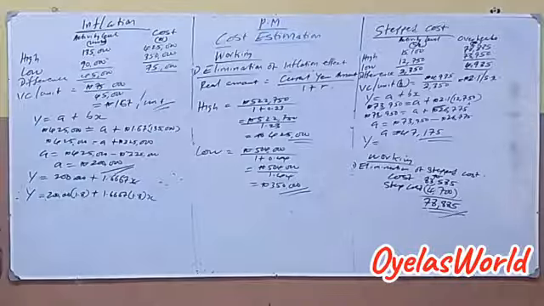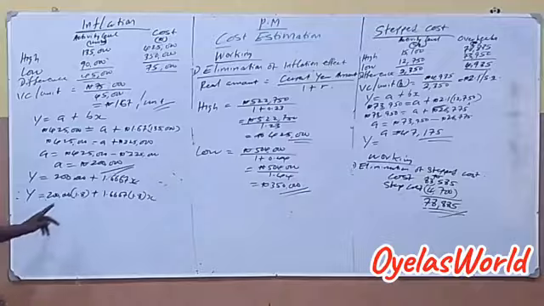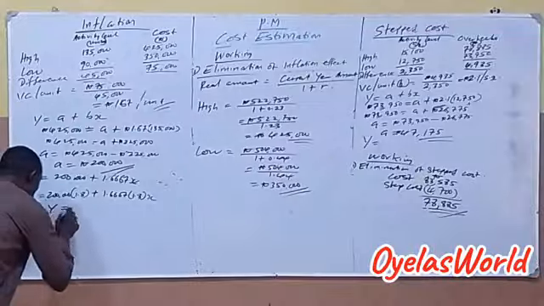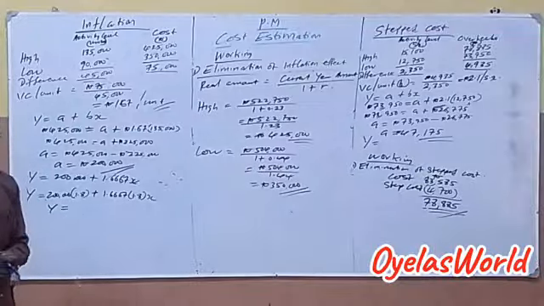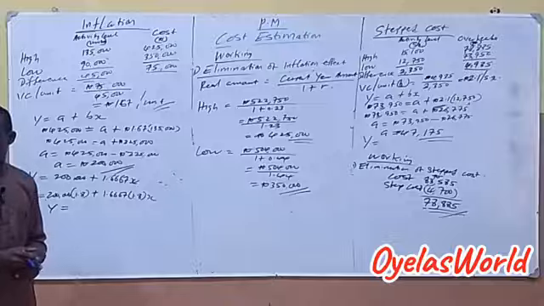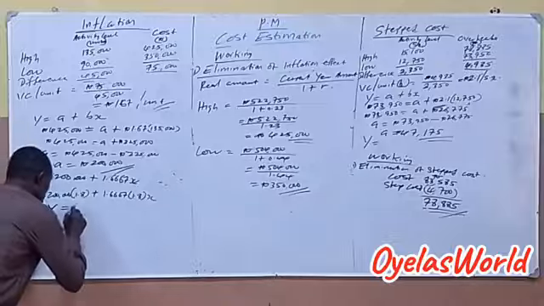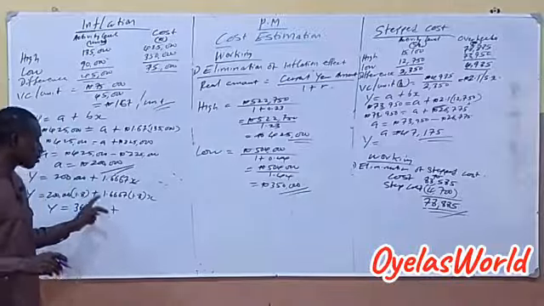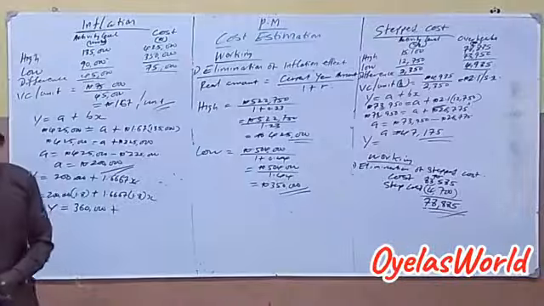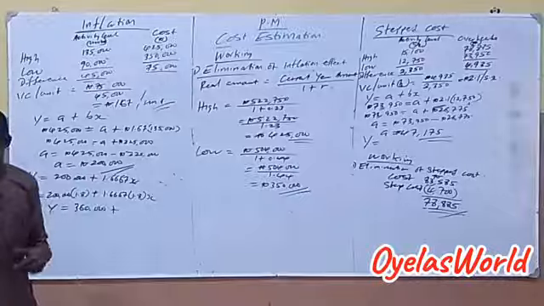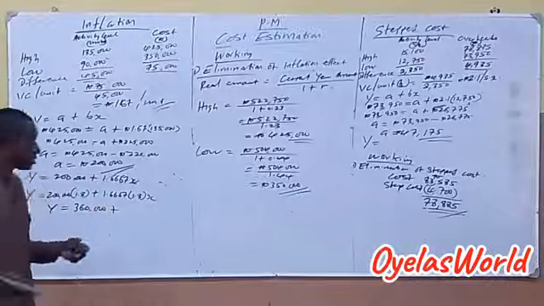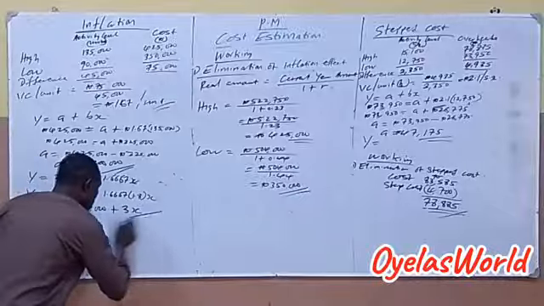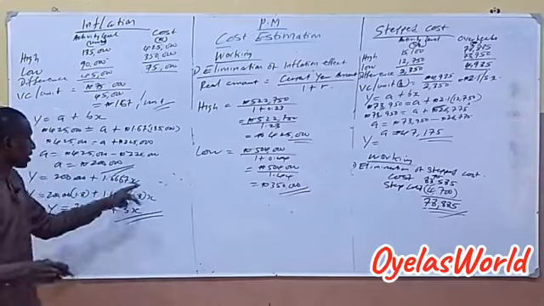Or you multiply 1.8 times 200,000. What do you have? Y equals 360,000 plus 1.8 multiplied by 1.667, that's 3x. This is what they're asking for. If you stop here, you will not get the mark.